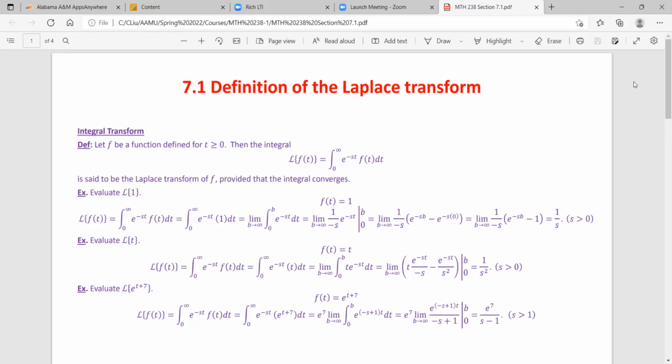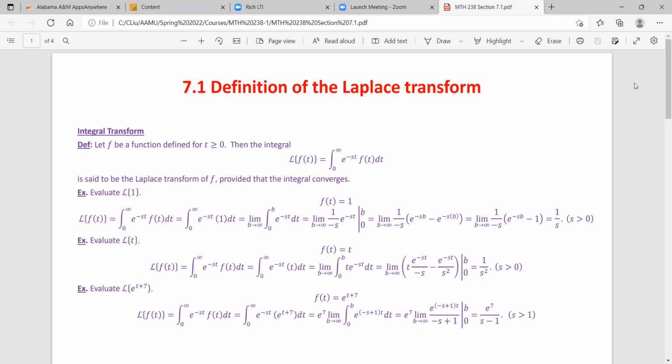That's defined based on the limit. You just integrate the function from 0 to some parameter b, and then you let b approach infinity. If that limit exists, then we say this integral converges. I'm just reminding you of the definition of convergence of integrals.